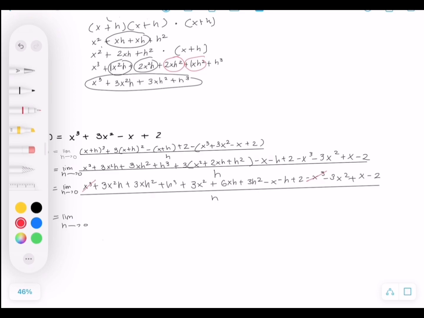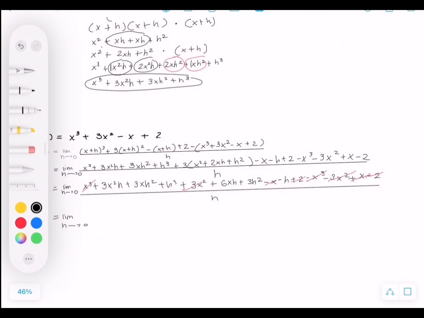We have positive 2 and negative 2. And we have positive x and negative x. Then we have positive 3x squared and negative 3x squared. And that should be it.